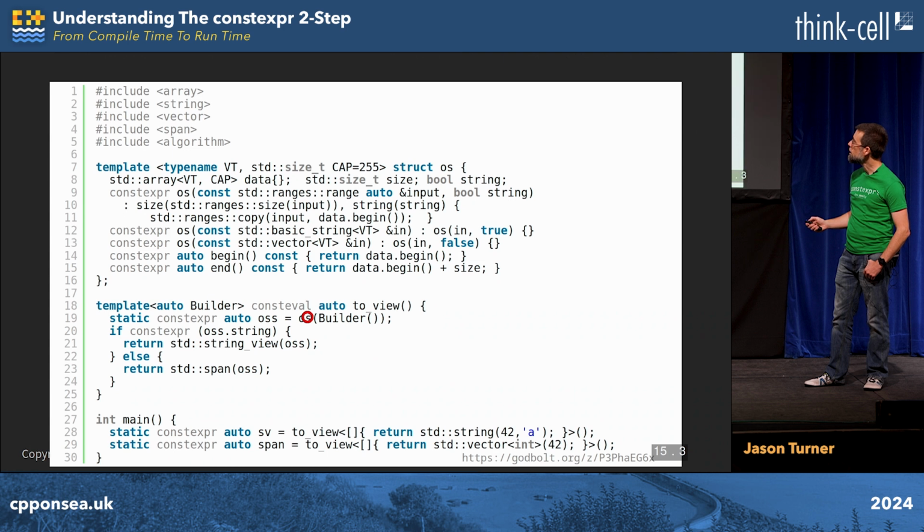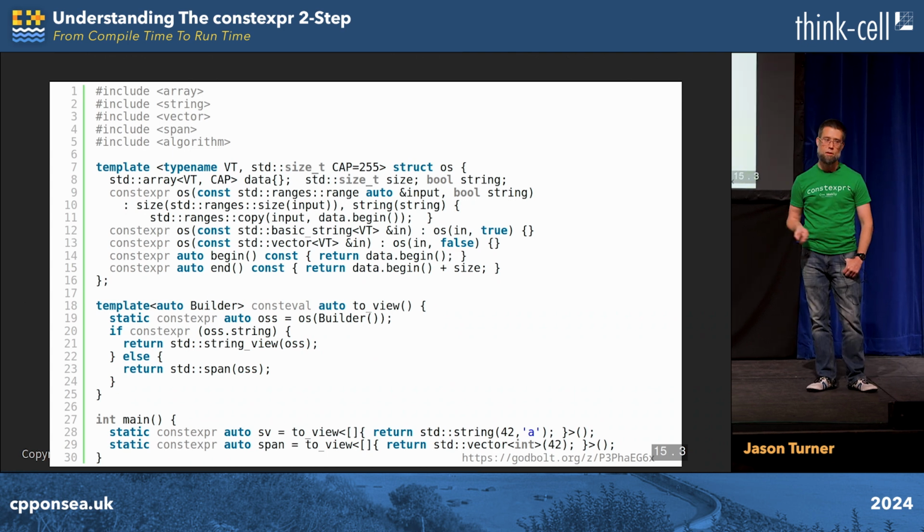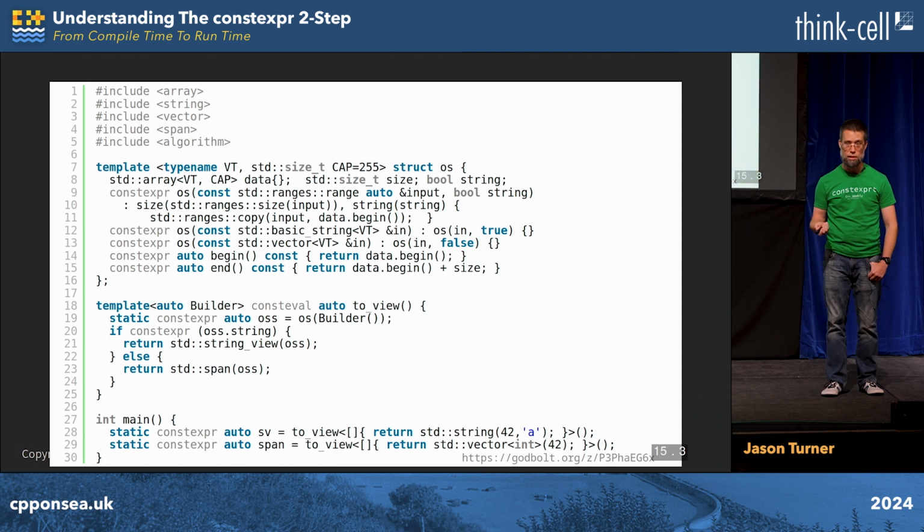And OS here, I simplified the name of my oversized array, so it's just called OS. So I'm saying construct an oversized array from the result of this builder. If the constructor that takes a basic string is called, it does what we just talked about. If the constructor that takes a vector is called, it does what we talked about. And in both cases, it uses class template argument deduction to sort out the details for me.